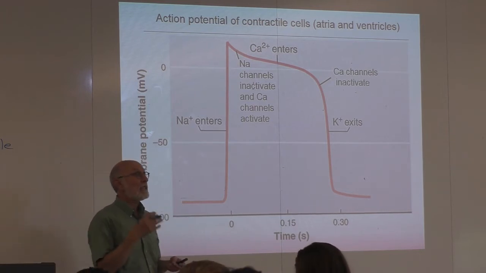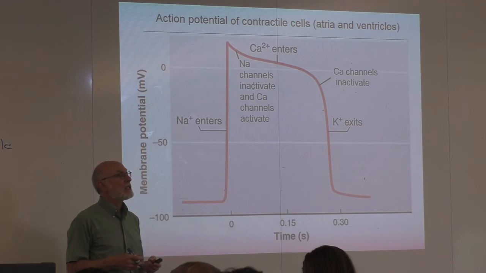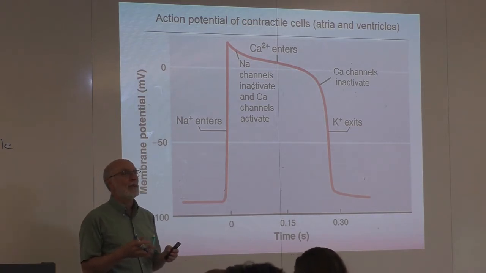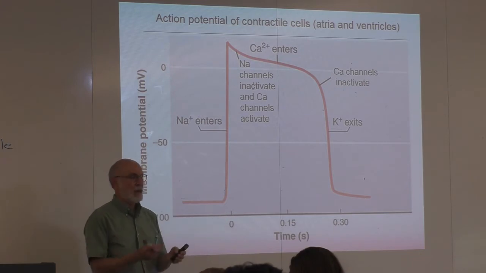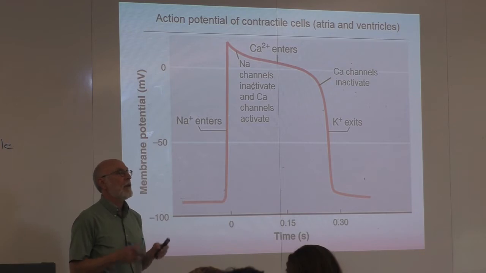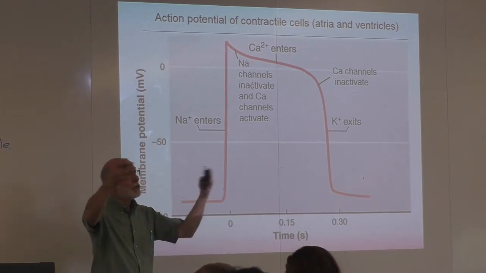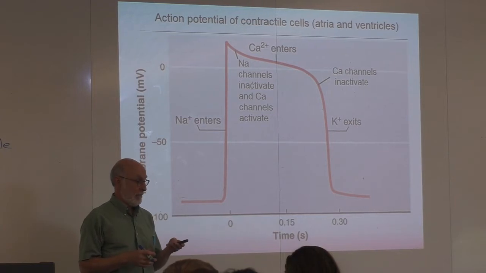So atrial systole precedes ventricular systole. It's sort of like a ventricular helper, pumping blood from the atria to the ventricles before the ventricles pump the blood to either the lungs or the body.